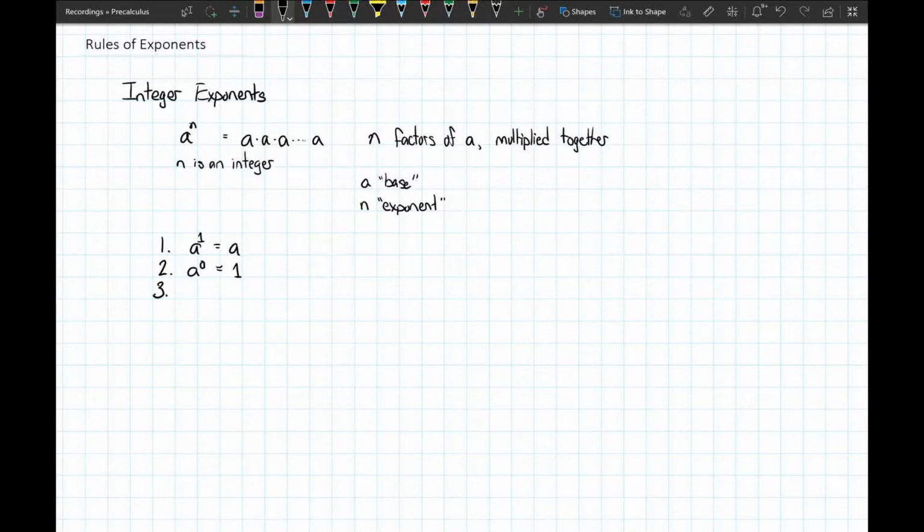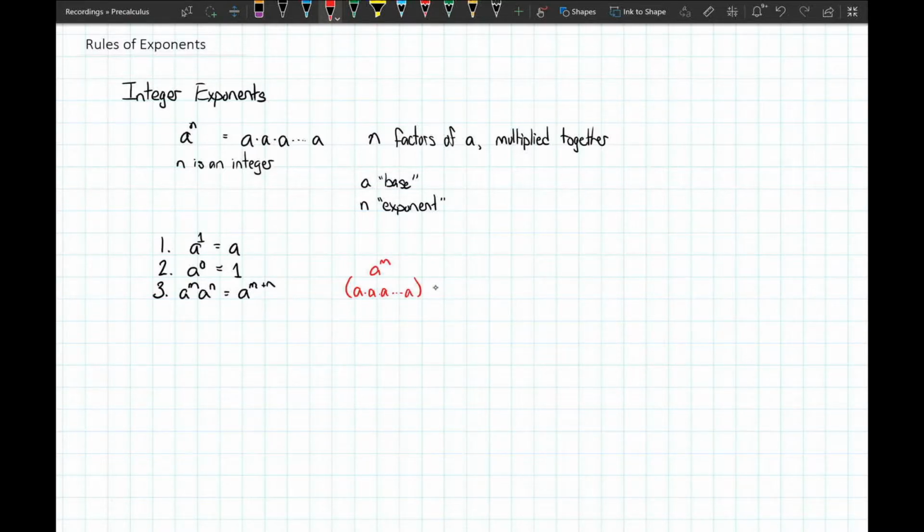Rule number 3 is if we have a base a, and we have two factors of that written to different powers, different exponents, then we can add them together: a to the m plus n. So you can imagine that we have a whole bunch of a's being multiplied together, and that comprises a to the m.